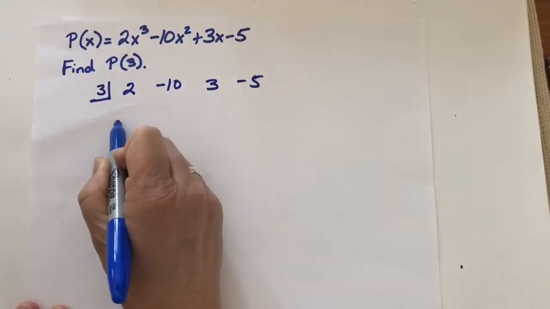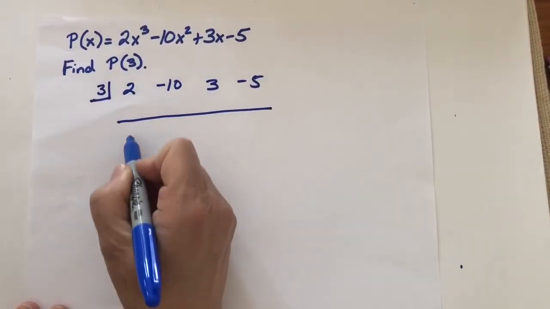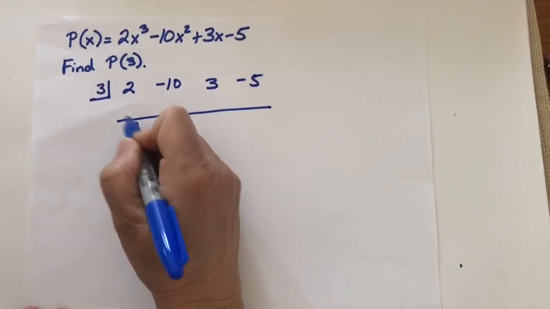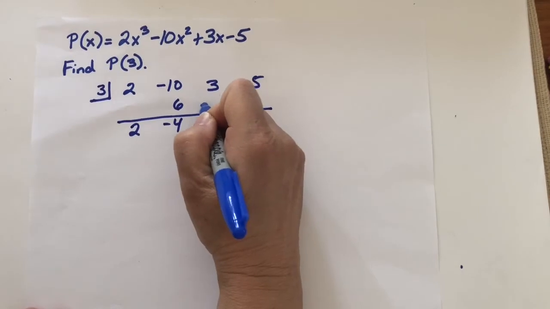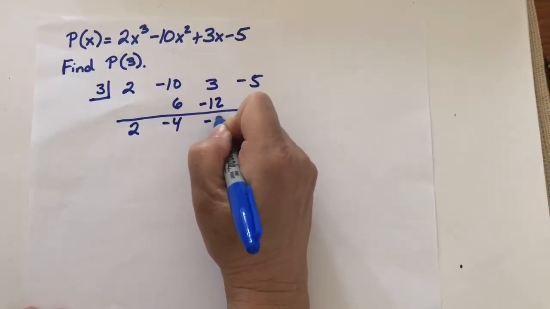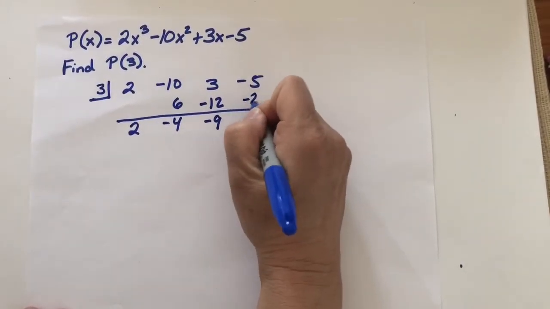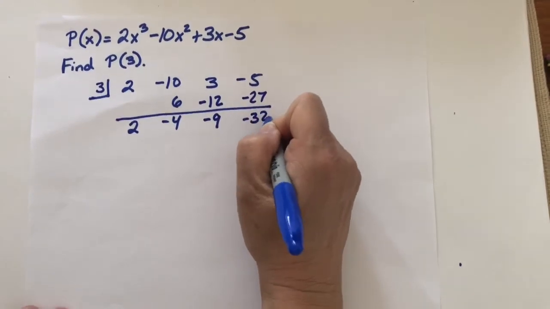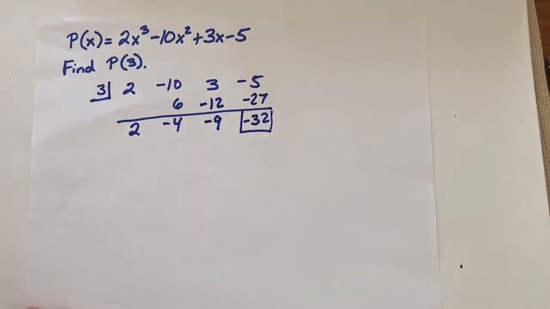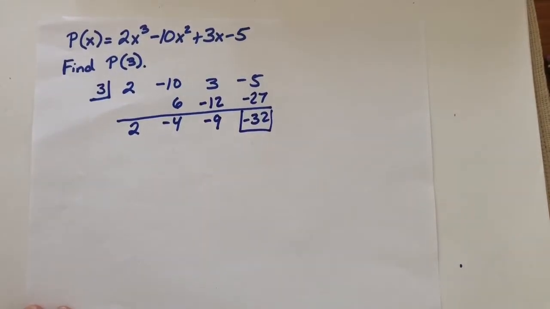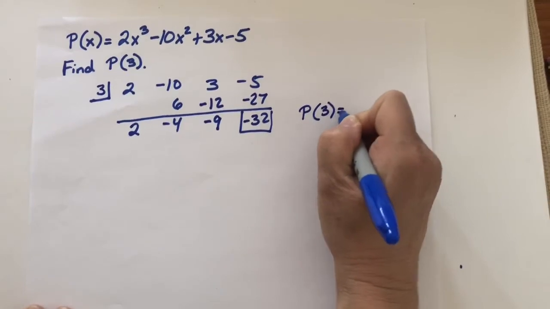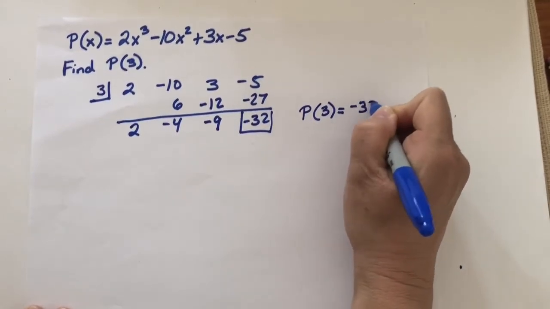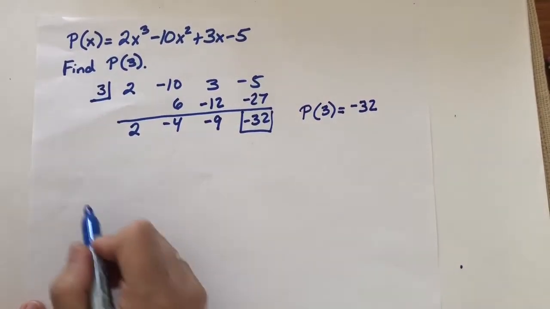We're going to use synthetic division each time. Bring down our first number and multiply and add and continue. So our remainder when we divide would be -32. So our conclusion is that p of 3 would equal -32. We could confirm that that's correct.